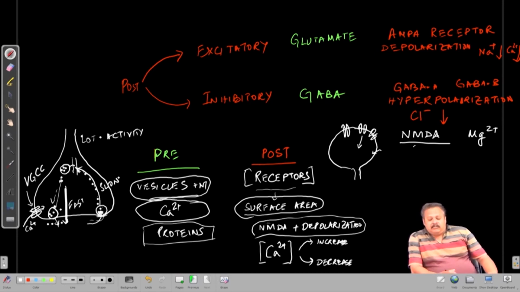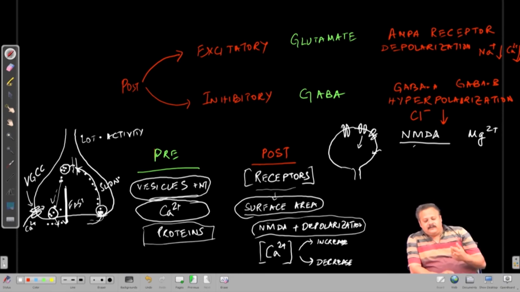Then there are other postsynaptic proteins that hold the synapse together, like postsynaptic density 95, PSD-95, and so on. There are a number of scaffolding proteins that are involved in giving the synapse a form or structure. Those proteins can also be upregulated or synthesized more, increasing synaptic strength.